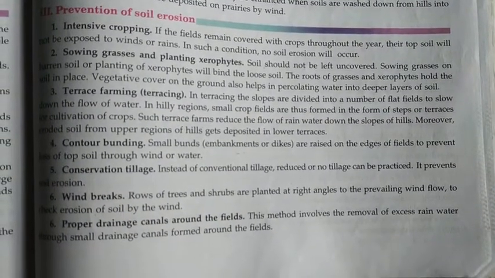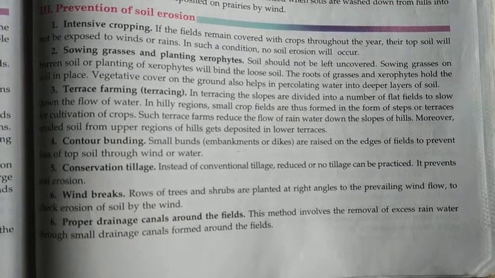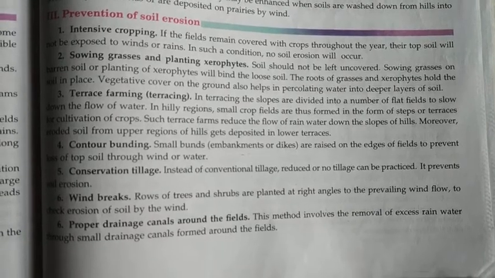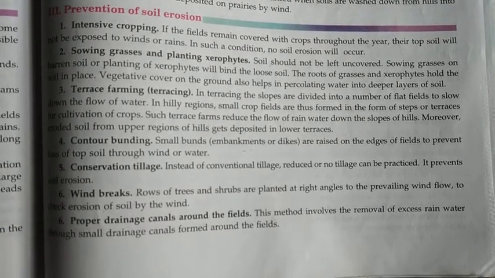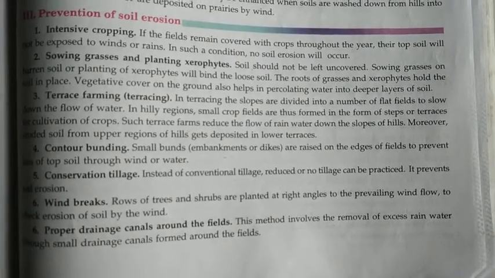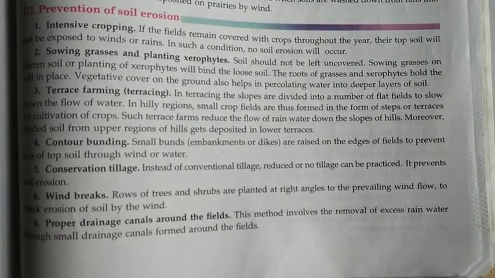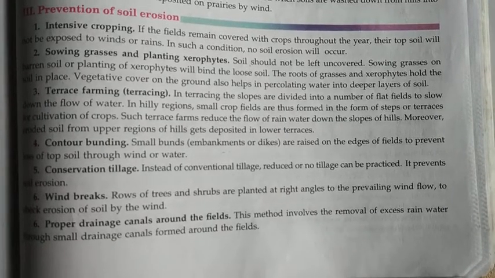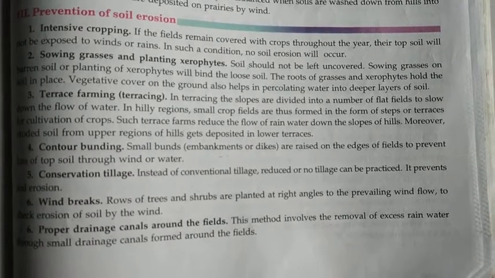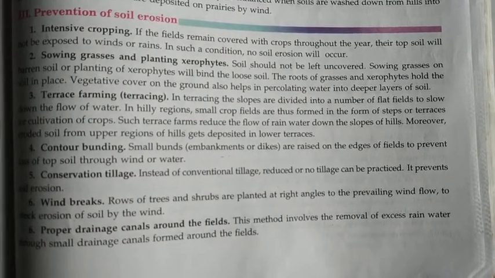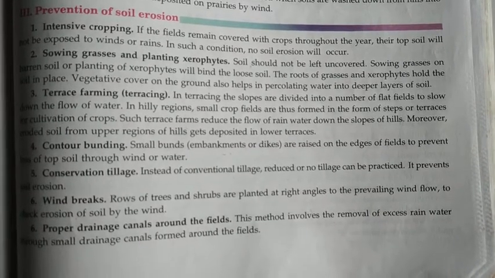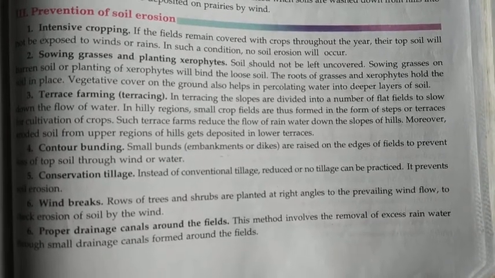Along with this, we can make strong embankments along the river banks, which will also help. These are the main points, and if we follow all these methods, we can definitely conserve the soil from erosion.